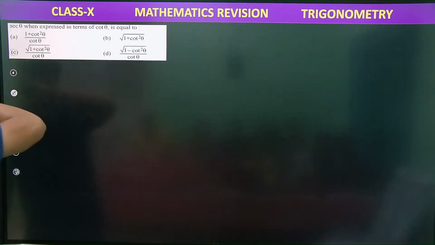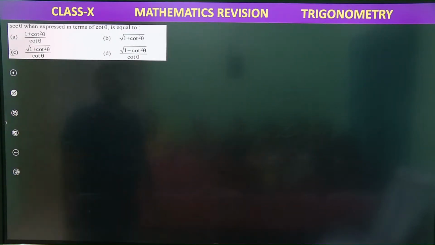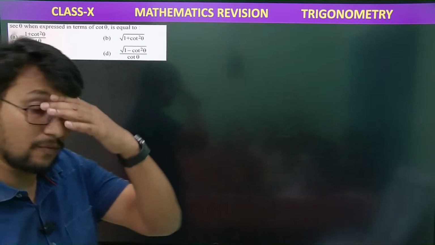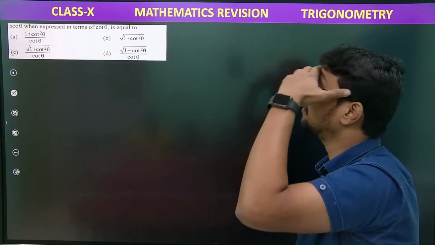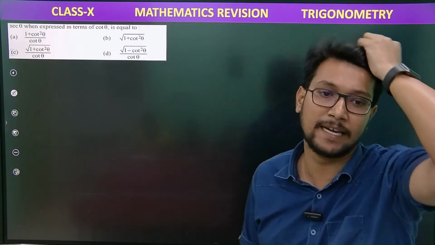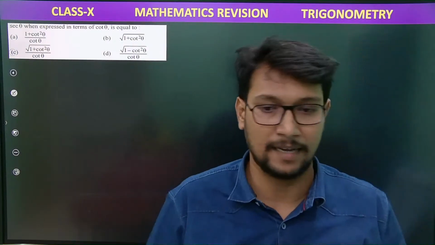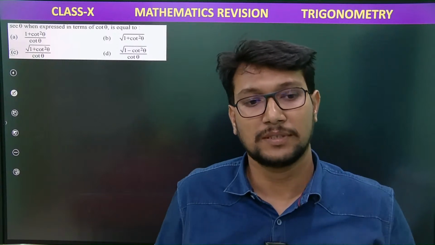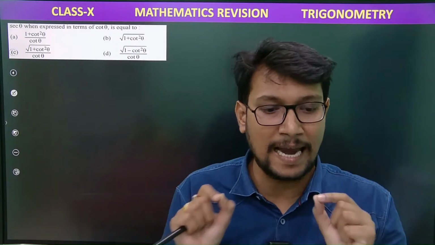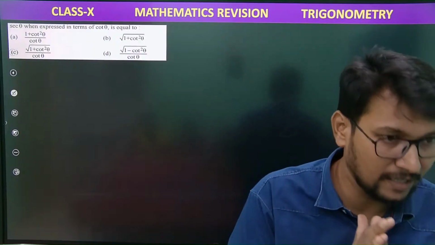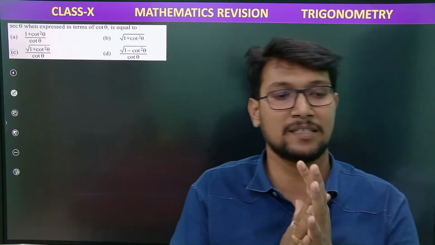Chalo, let us move to the next question. Who can solve it? How do we write sec theta when expressed in cot theta? First, tell me which identity has the sec relation.